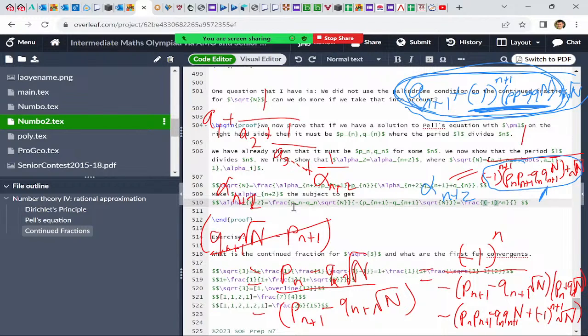So the problem is is it actually minus 1 to the power of n? See, it could actually be to the n plus 1, right? But did you guys raise that objection?